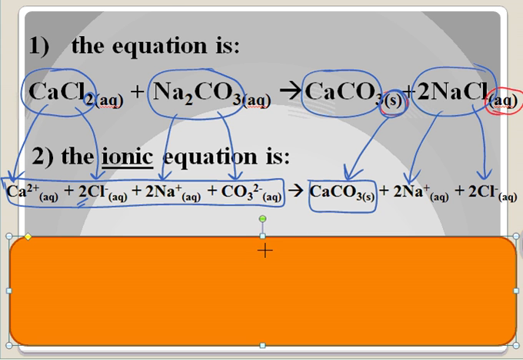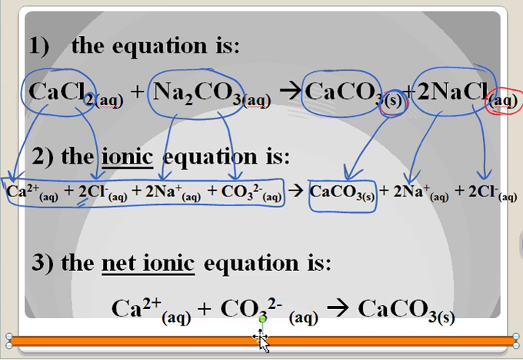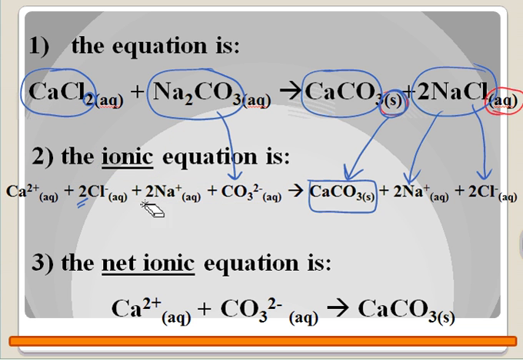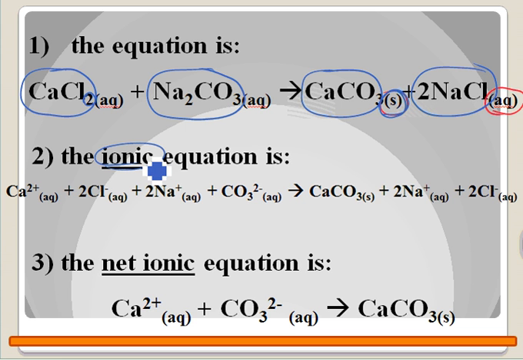So now we have an ionic equation. And you may ask, well, where do we get the net ionic equation from? Well, let me just get rid of some of this here for you. Now that we have our ionic equation, if you look, 2 chloride ions.